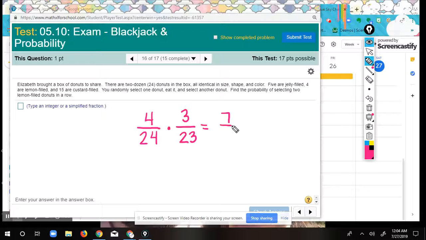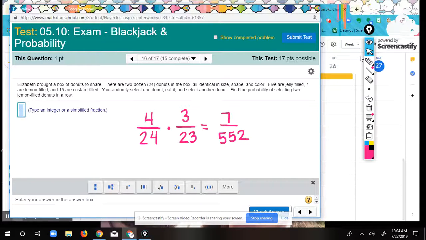So you'd be 7 out of 24 times 23, 552. I'm going to say that might reduce, so I'm just checking it on a calculator, and it doesn't. Of course it doesn't. 7 is prime. Okay. So we're going to type in 7 out of 552.